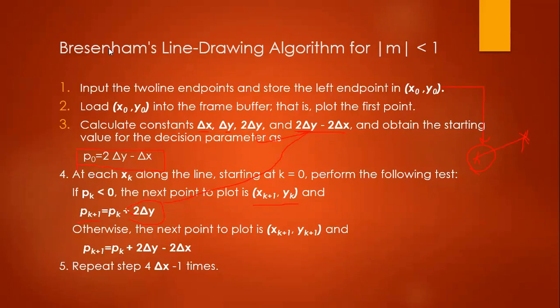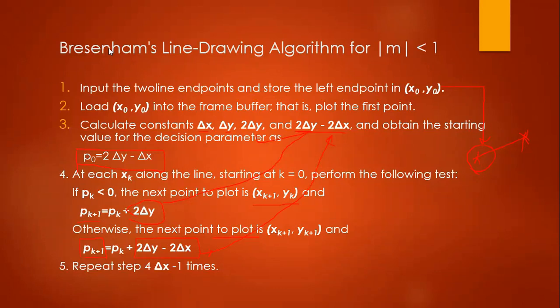Otherwise, the next point to plot is xk plus 1 comma yk plus 1, and change the decision parameter value as pk plus 1 is equal to pk plus 2 delta y minus 2 delta x. This 2 delta y minus 2 delta x value was also already calculated in the initial part of your calculation.